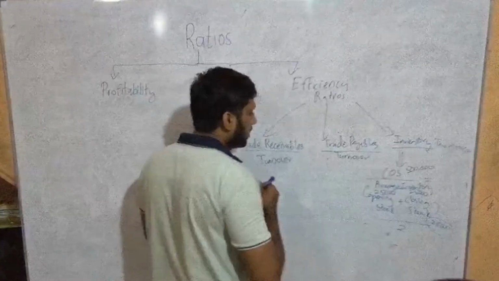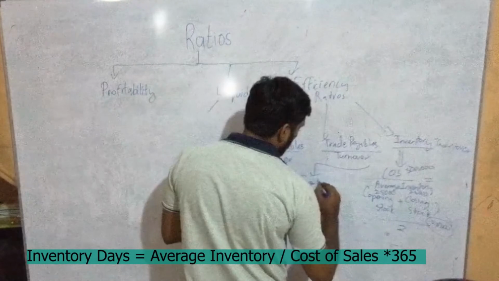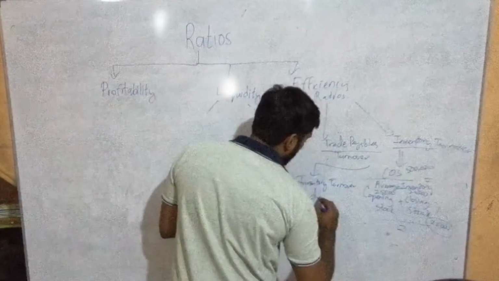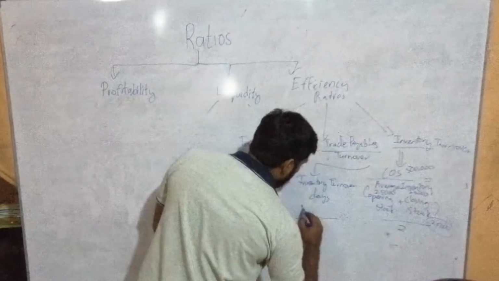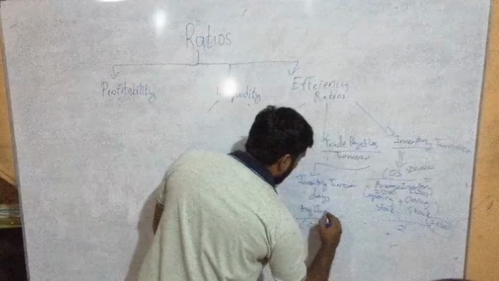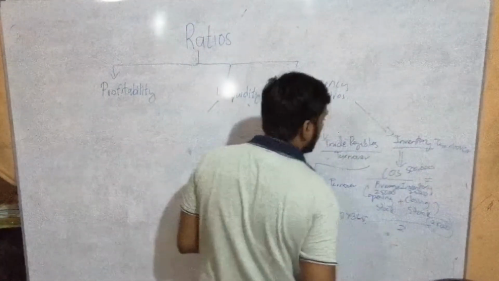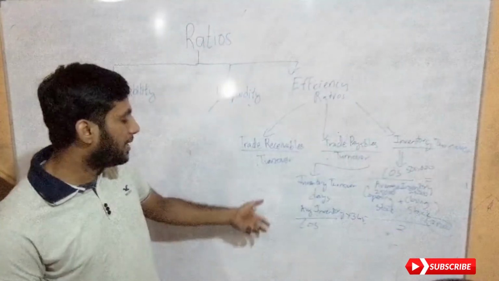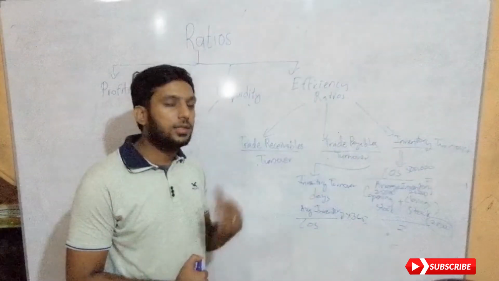When it comes to inventory turnover days, it is easy to find. Take your cost of sales down, take your average inventory up, and multiply by 365 to represent how many days it takes to sell the inventory to the customer.